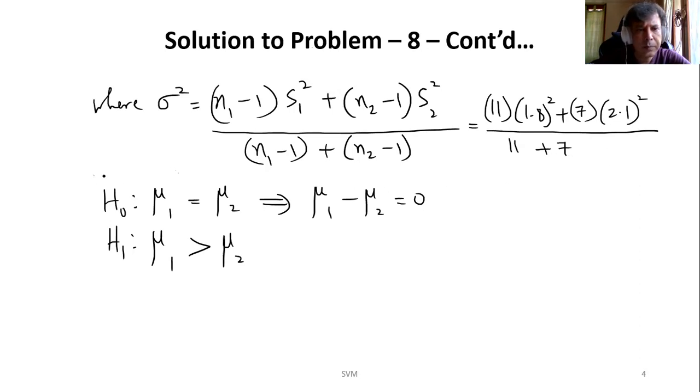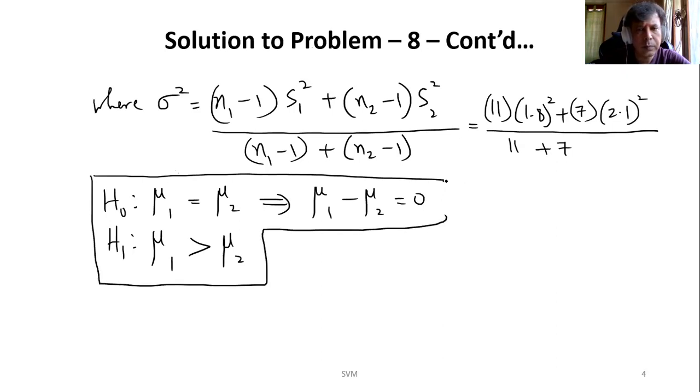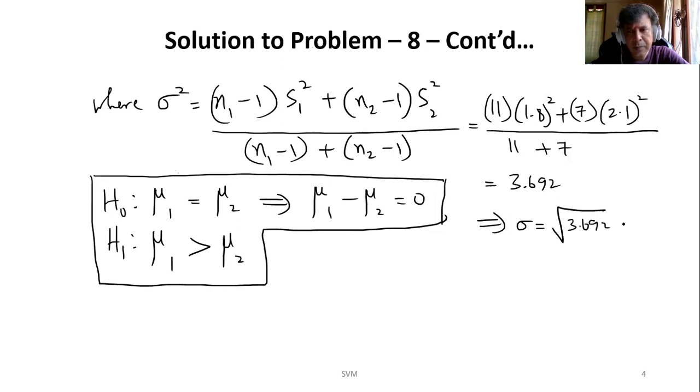So this sigma square value will be 3.692, which means our sigma is the root of this. That will give you 1.92.